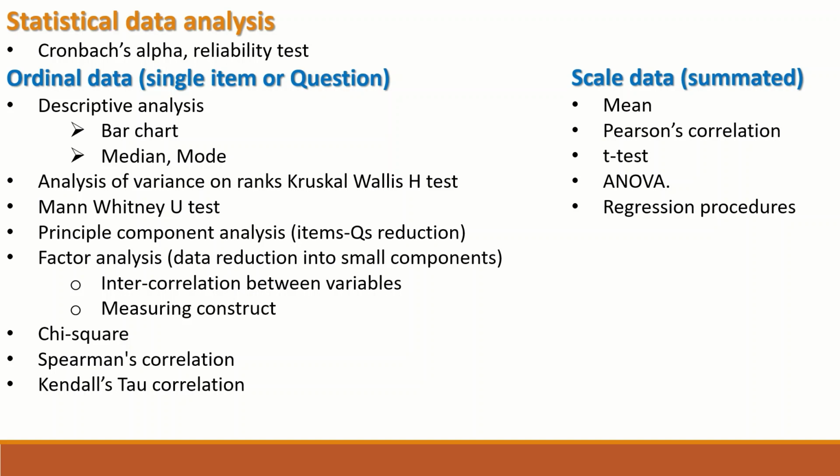The first step in statistical analysis for your survey, and the first test to do, is called the Cronbach alpha reliability test. I've already produced a video clip on my YouTube channel, and if you want to learn more about Cronbach alpha, please do visit the video clip.